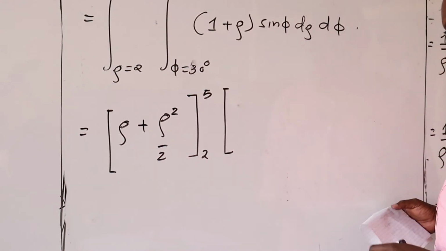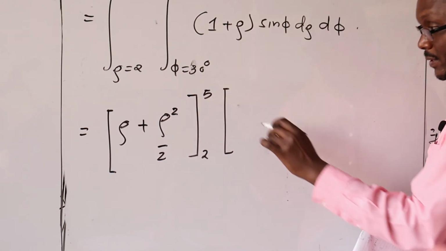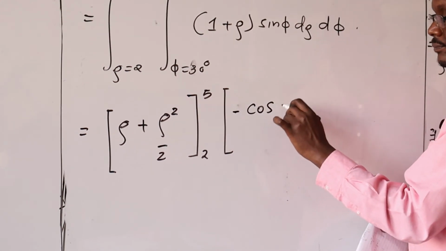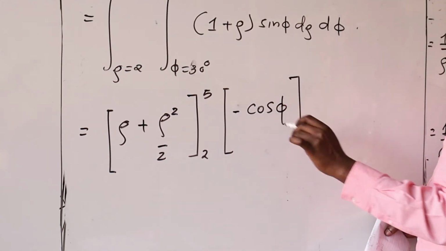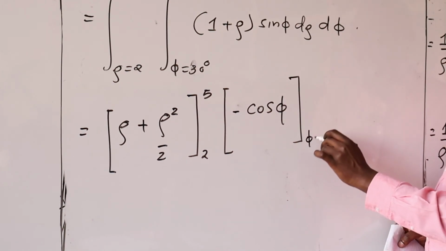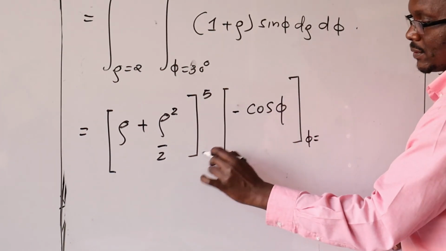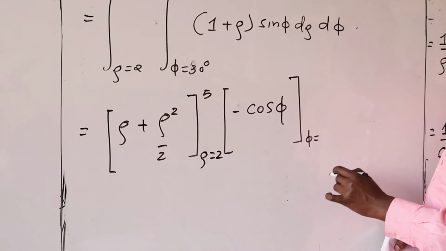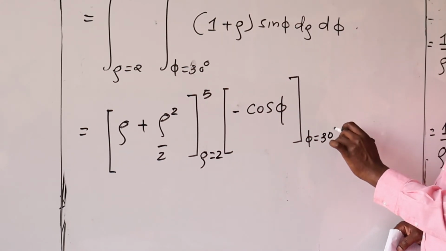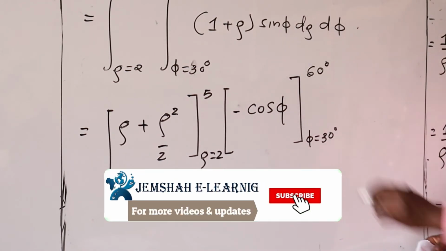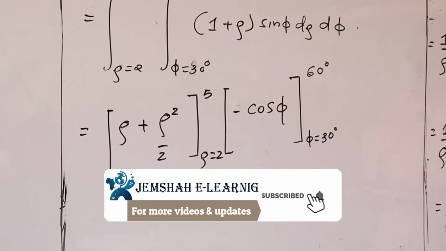Then if I integrate sine, you'll get negative cos. Limits are from phi equals 30 degrees to 60.